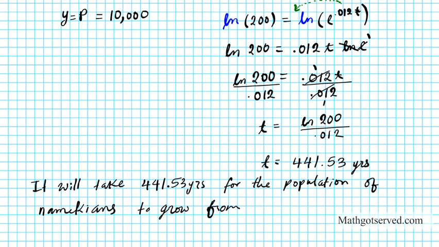What was the original amount? From 50 to the target amount of 10,000. That's a long time, almost 4 centuries.